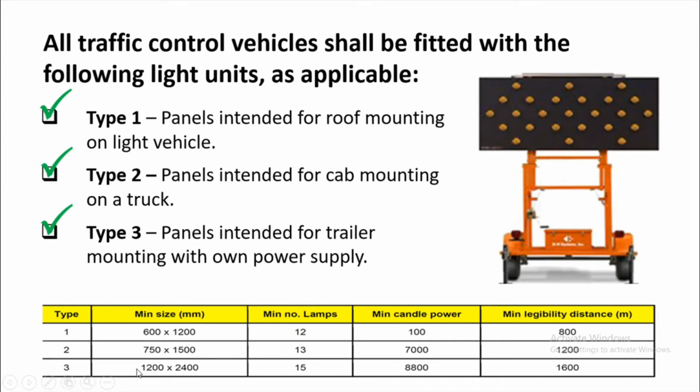Type 3 is 1200 by 2400 millimeters, with 15 lamps as a minimum. Minimum candle power is 8800 foot candles. Minimum legibility distance is 1.6 kilometers. So from a distance of 1.6 kilometers, it should be visible and legible.